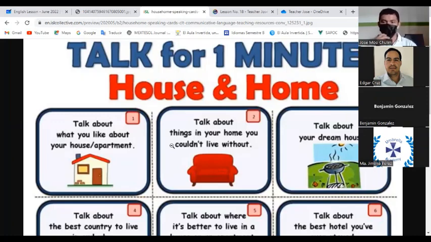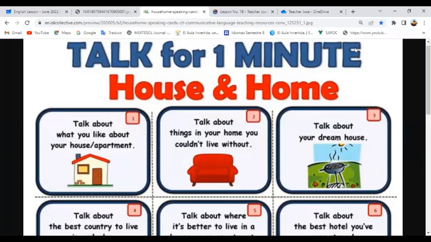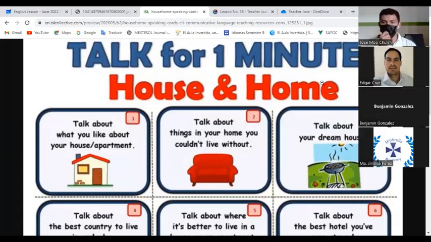So let's continue then with this third question or third topic. Talk about your dream house. Edgar, please. Well, when I was a teenager, I would read architecture magazines. The name of this magazine is Intramuros. So I was passionate about architecture.